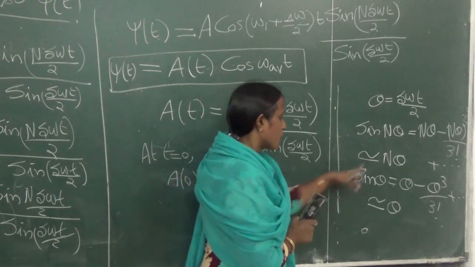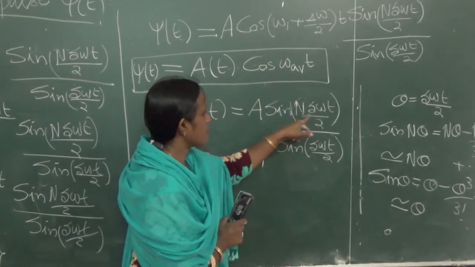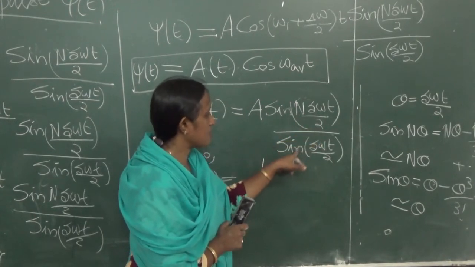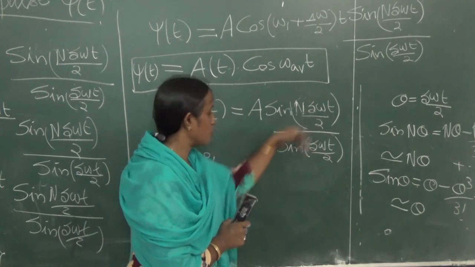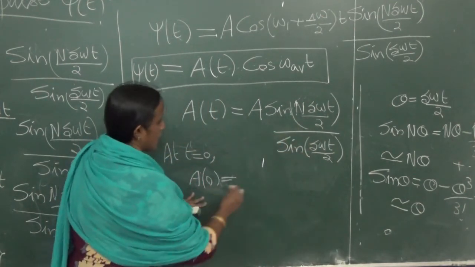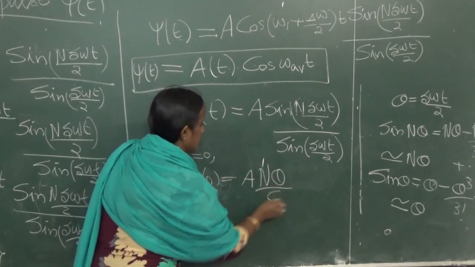Now you can substitute that in this expression. So sin n theta by sin theta becomes n theta by theta. Cancelling out theta, you get A(0) equal to A n theta by theta.